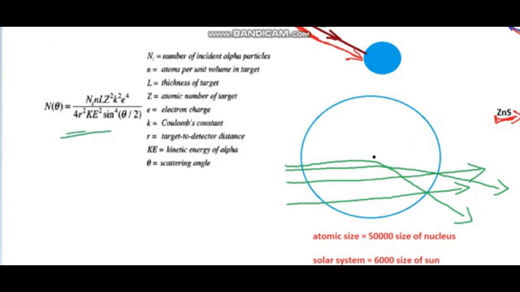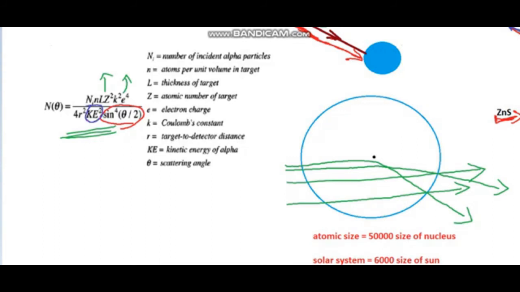From this you can see the number of scattered alpha particles is proportional to the total charge of the nucleus, inversely proportional to the fourth power of sine of theta by 2, and also inversely proportional to the square of the kinetic energy.